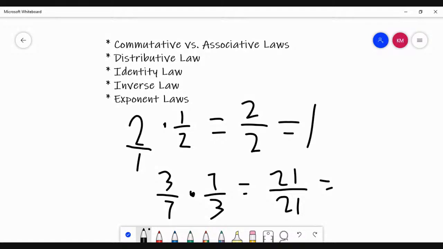And of course, if you have the same number on top as you do the bottom, that still makes it a whole, and a whole always equals 1. So, the inverse of multiplication must always equal 1. And not just equal 1, you must equal positive 1.